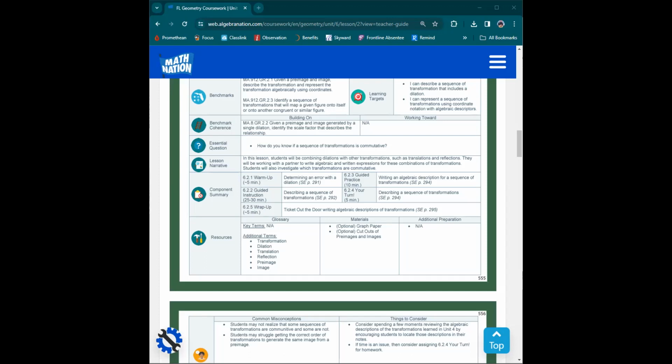S prime. And my T prime is going to be 1 and negative 3. 1 and negative 3. And it should give me a shape similar to what I had before.